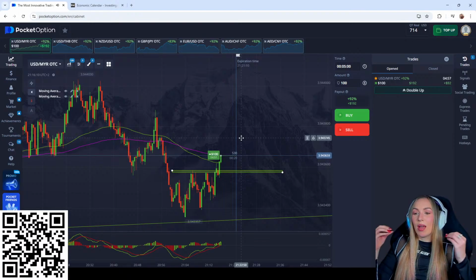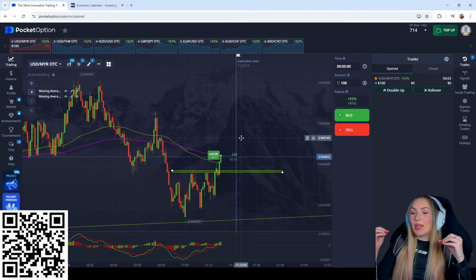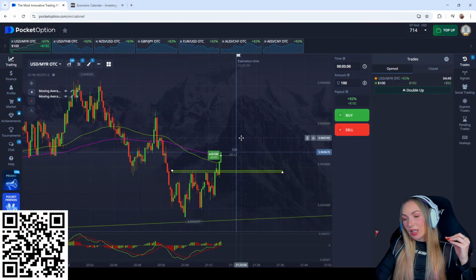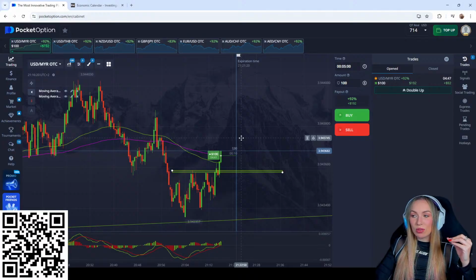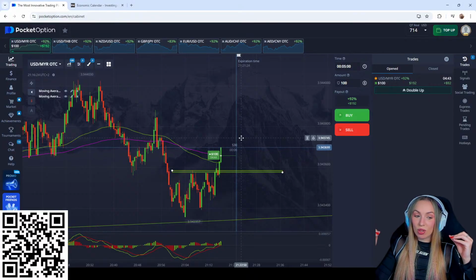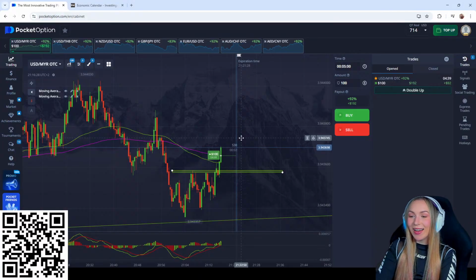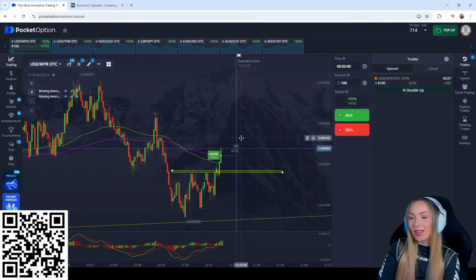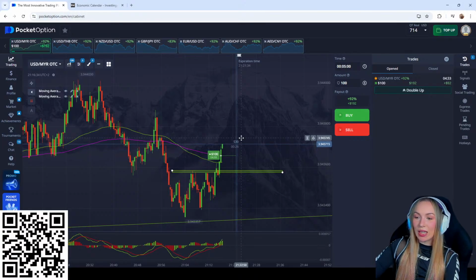USD MYR. This one, this trade made me sweat, made me shake. And I'm here again to open the trade in the upward direction for 5 minutes. USD MYR $100. I went again for that risk because I believe that now the price will just go up without any corrections.